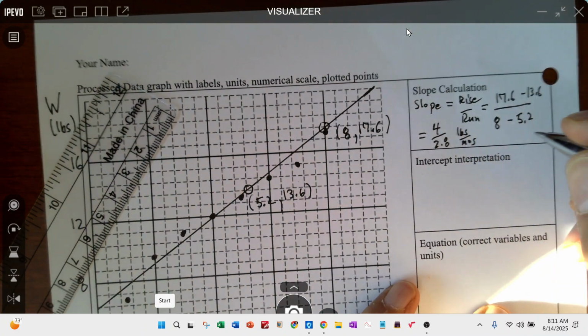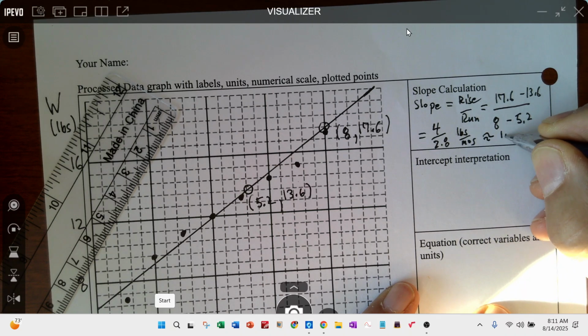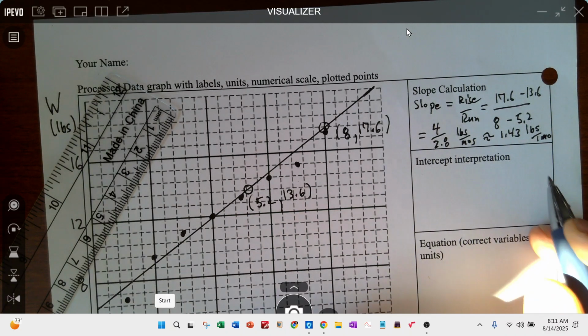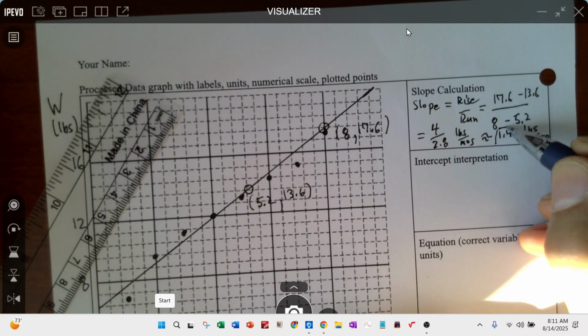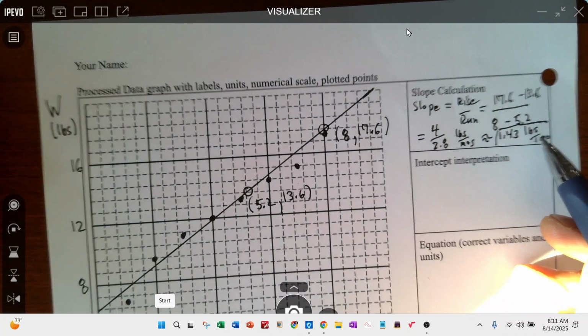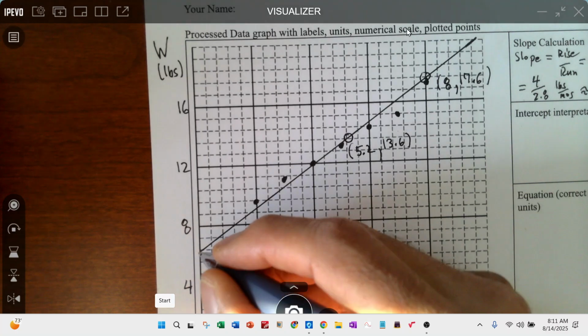Three digits are usually enough. So approximately equal to 1.43 pounds for every 1 month. So it looks like whatever animal or person is modeled by this graph is gaining 1.43 pounds every month.